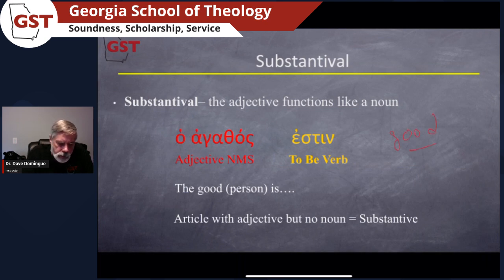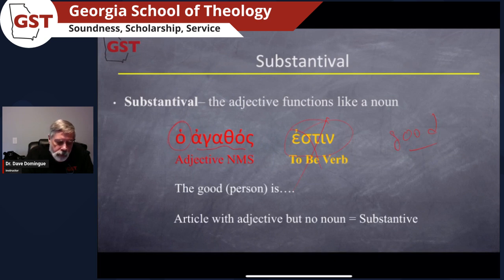So ho agathos is an adjective. There it has the article, but it's also associated with, in this particular case, a to be verb, or the verb is implied if maybe not even there.